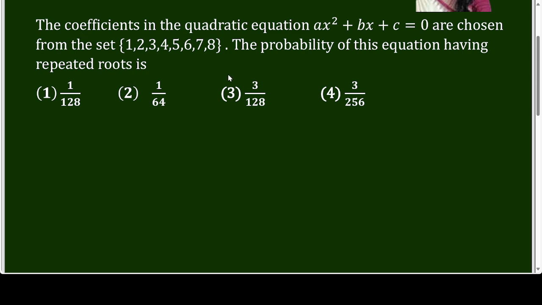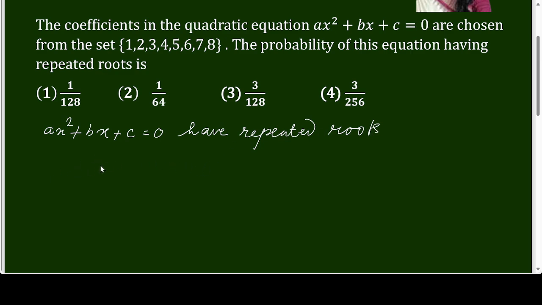So this is a question where quadratic equation is involved and probability is involved. So let us start by taking the properties of the quadratic equation. When we get real repeated roots, that time, if in an equation ax square plus bx plus c equals to 0, this equation has repeated roots if discriminant equals to 0.